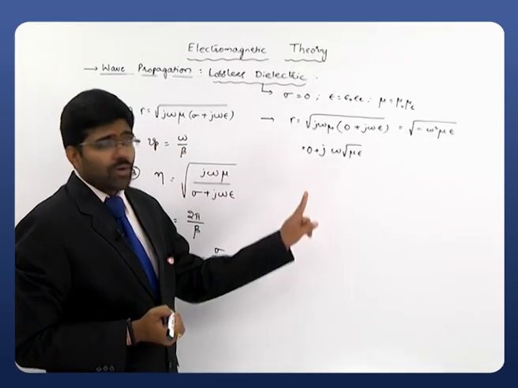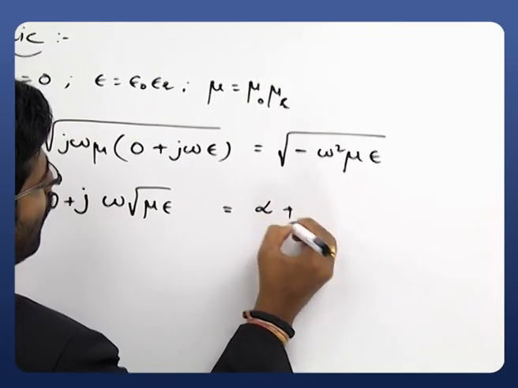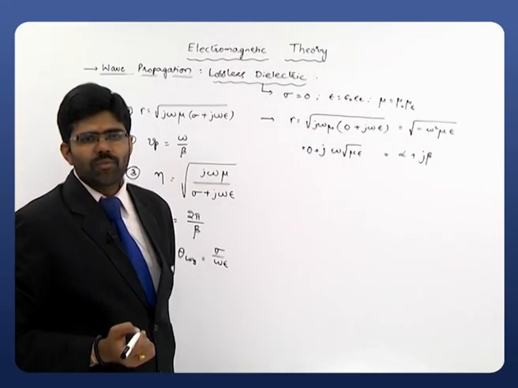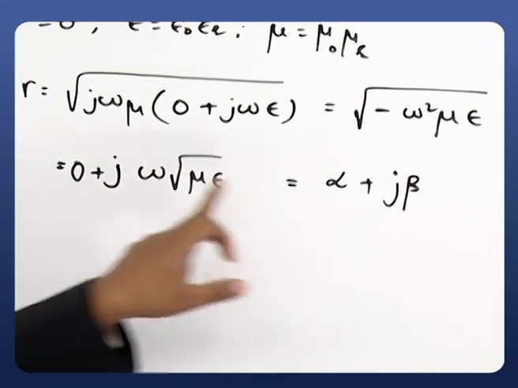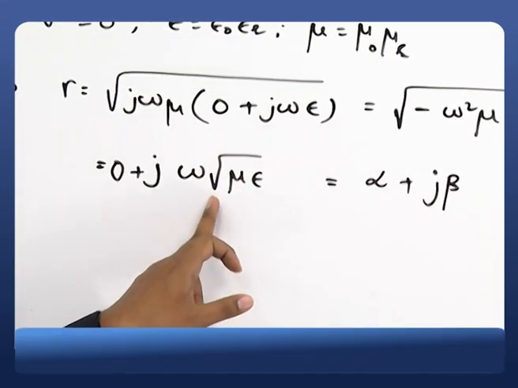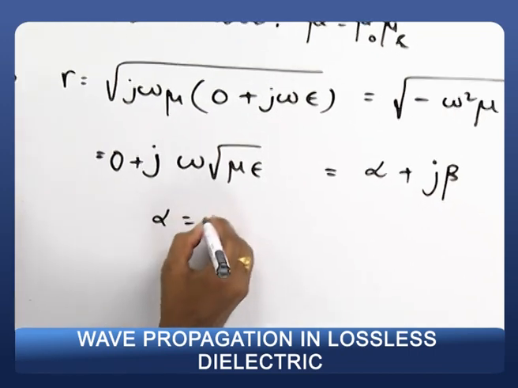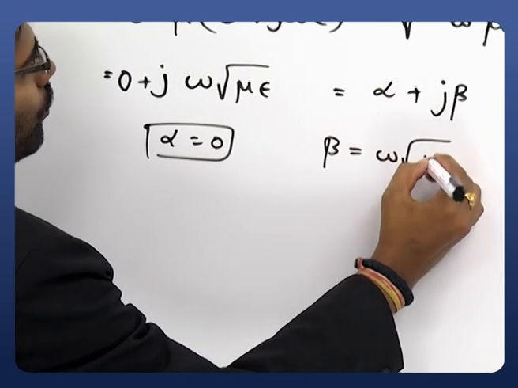Now compare this with the original form of our gamma. What is the actual form of our gamma? Alpha plus j beta. Since it is alpha plus j beta, the real term alpha becomes 0 and beta becomes omega square root of mu epsilon. Alpha equals 0, and beta is equal to omega square root of mu epsilon.